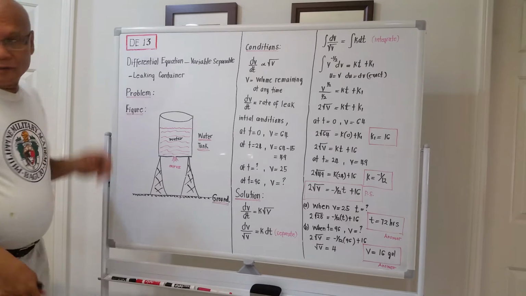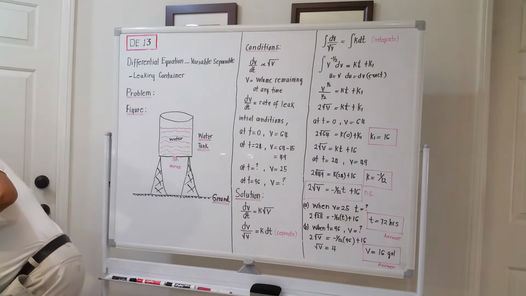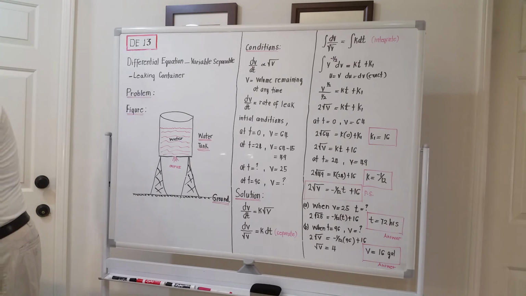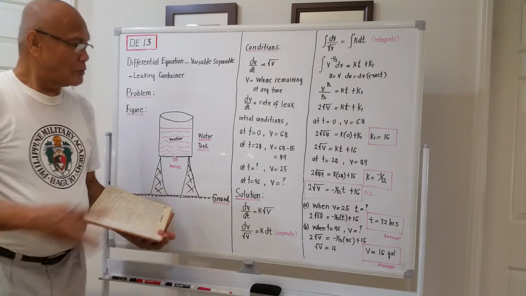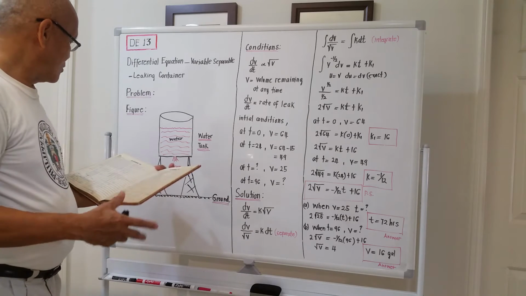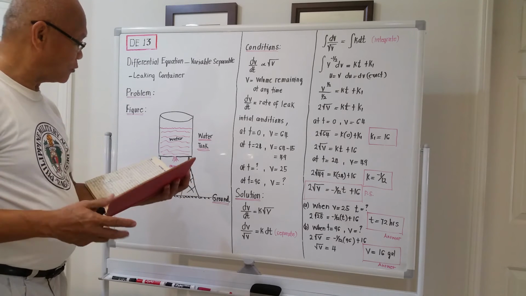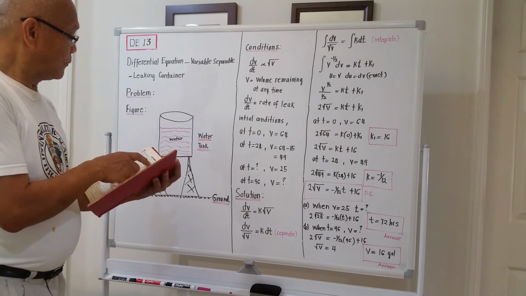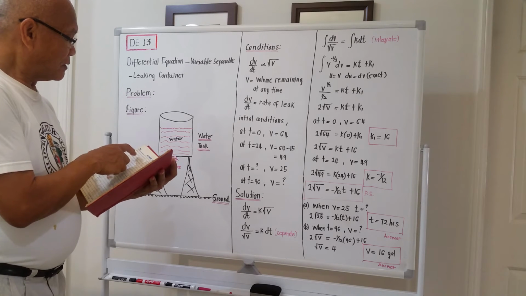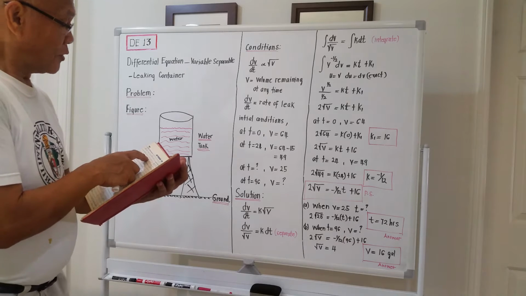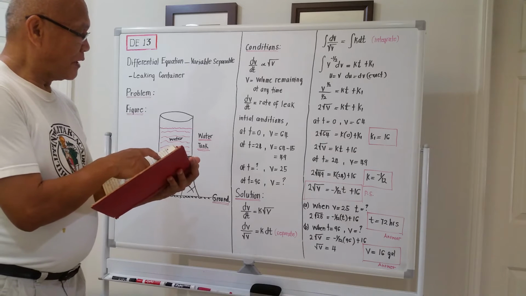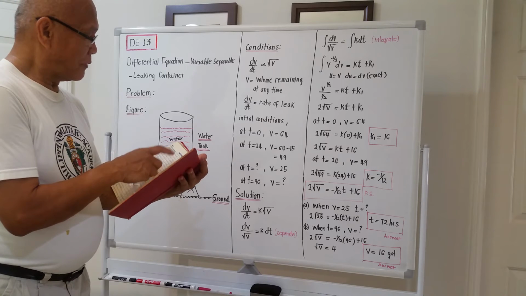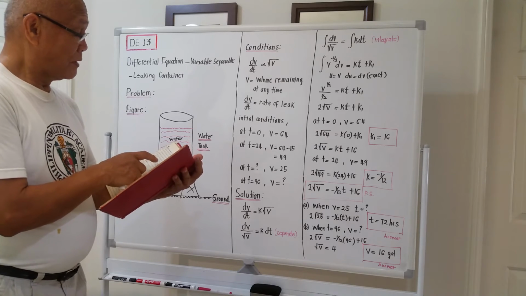I will try to read the problem. It was quite a little long, so we minimize space. Water leaks from a cylinder with axis vertical through a small orifice in the vase at a rate proportional to the square root of the volume remaining at any time.